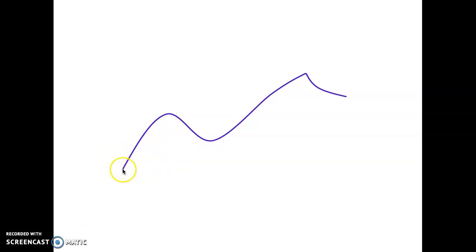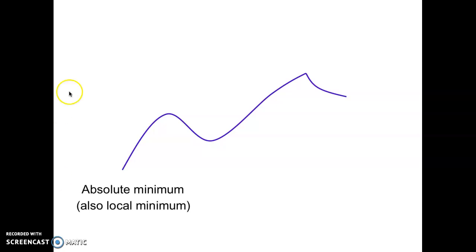It is the lowest output value that this function attains. But notice that this value is also lower than the points in its neighborhood in this small interval. So every global extreme is also considered a local extreme. It is the absolute minimum value, but it's also a local minimum because it's smaller than the points around it.